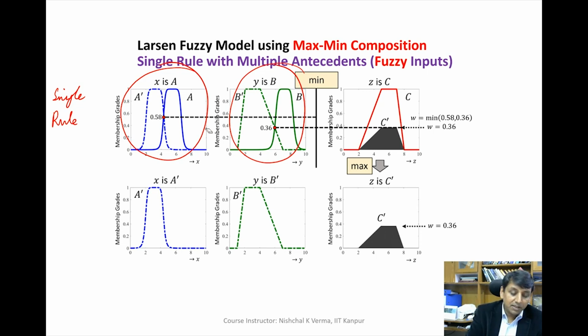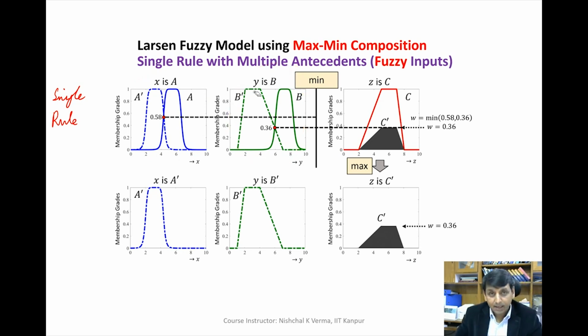For simplicity, I have taken only two. The first antecedent is x is A, and the second antecedent is y is B, and both are connected with the connective AND. As I mentioned, we could have any other connective like OR.